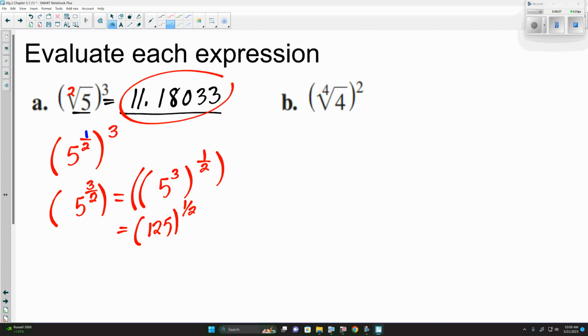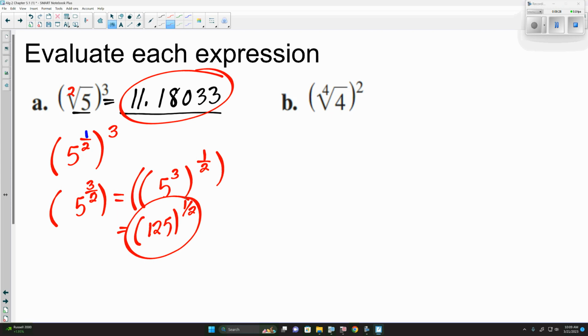So this here is the approximation of this, and if we reduced it a little bit here. Let's look at the next one, the 4th root of 4 squared.